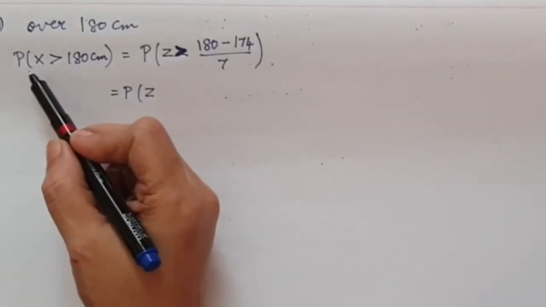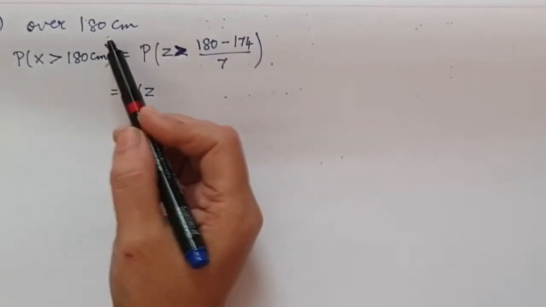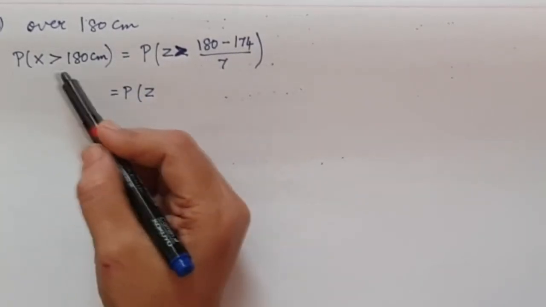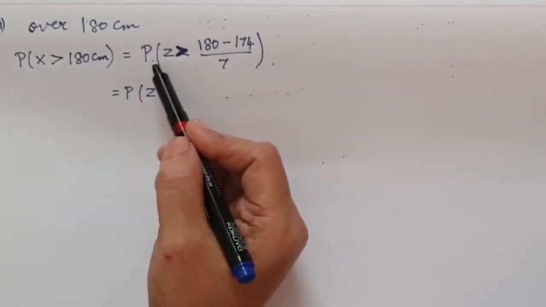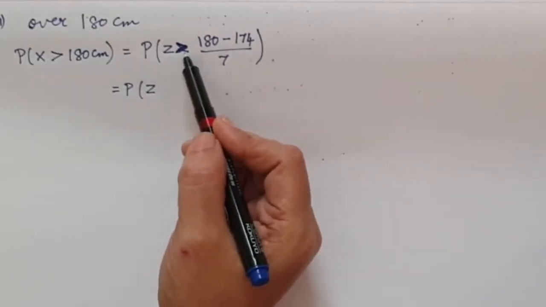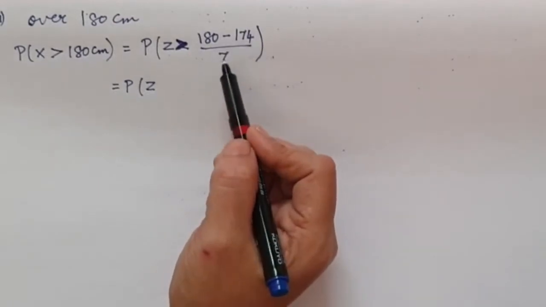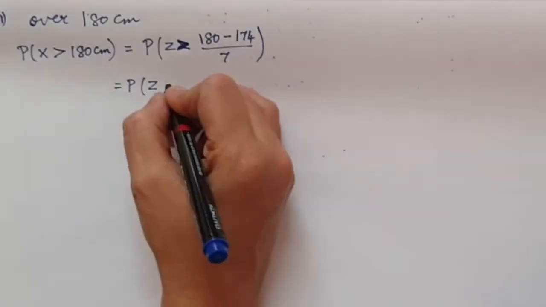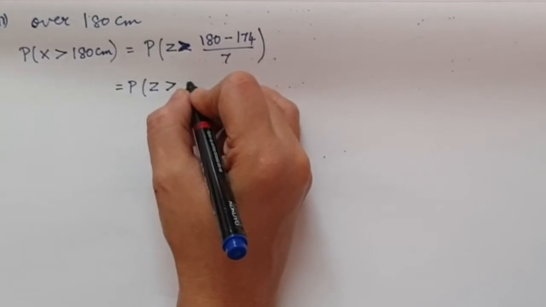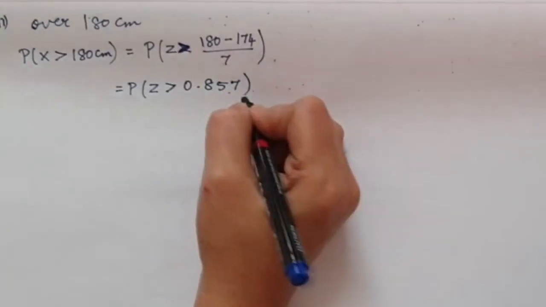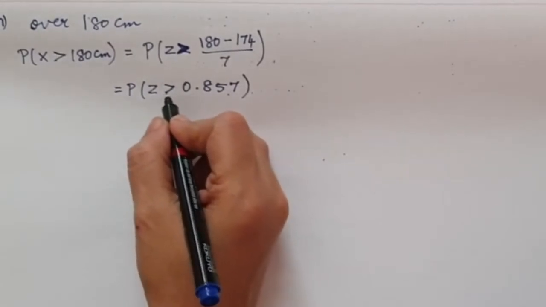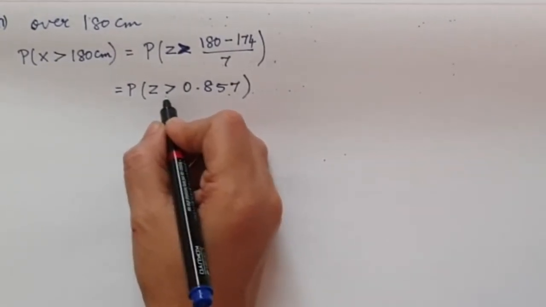Now the third part, the probability of x greater than 180 centimeters. Standardizing it, we have the probability of z greater than 180 minus 174 over 7, that is z greater than 0.857. Since it is greater, as we saw earlier, we cannot use the table.